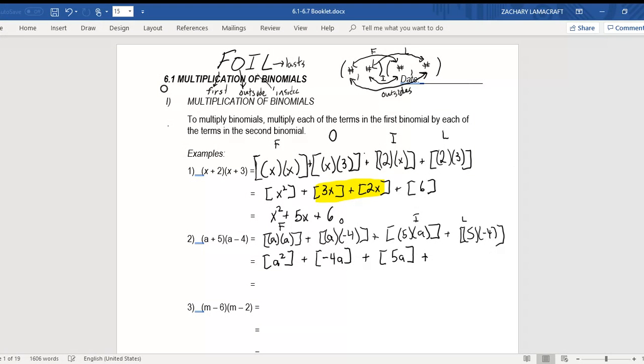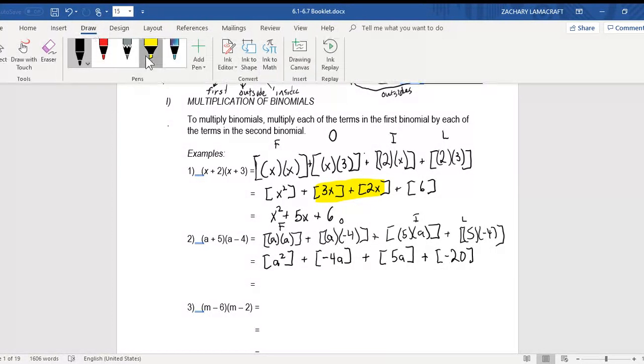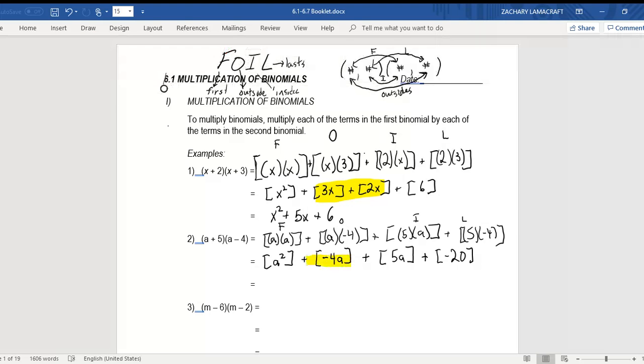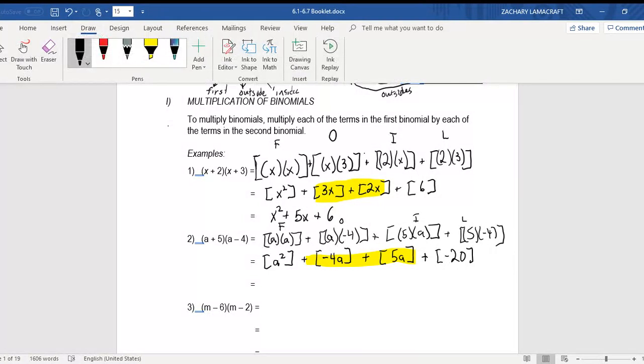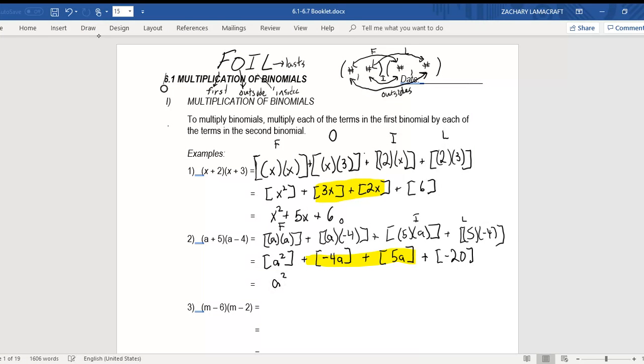And 5 times -4 being -20. And like I said before, these are two like terms here. So we have -4A plus 5A, so that's actually just going to give us 1A. So it would be A squared plus A minus 20. Okay.